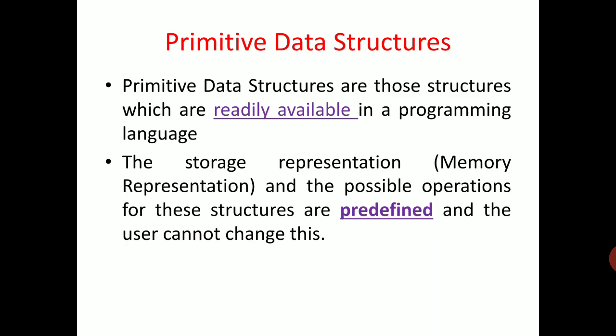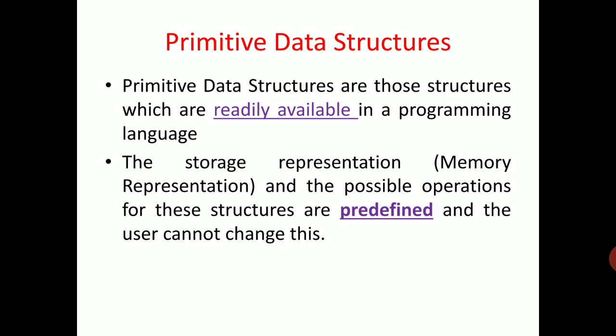The second point: the storage representation, that is the memory representation, and the possible operations for these structures are predefined and the user cannot change this. That means this is already defined in the language.